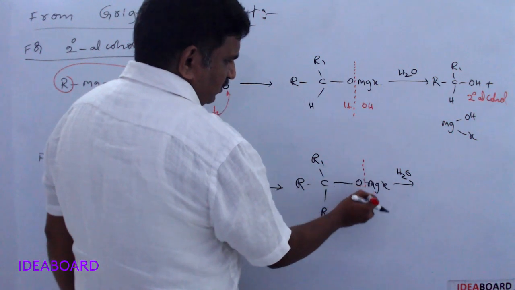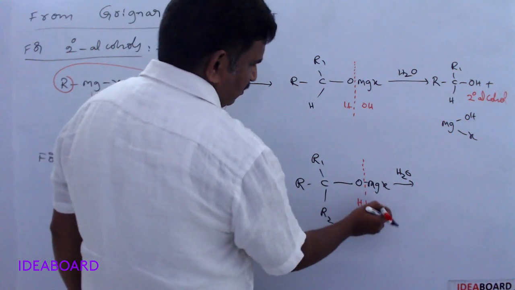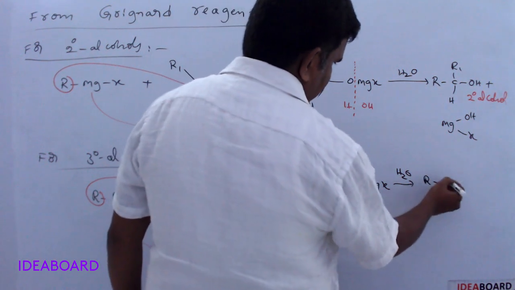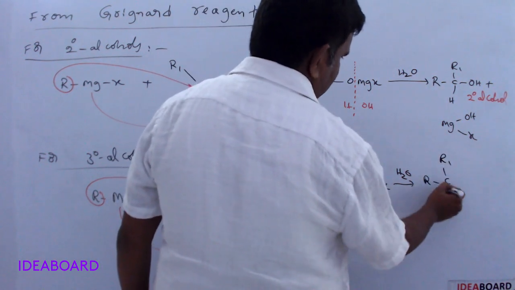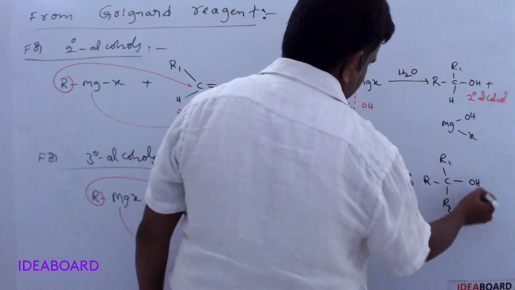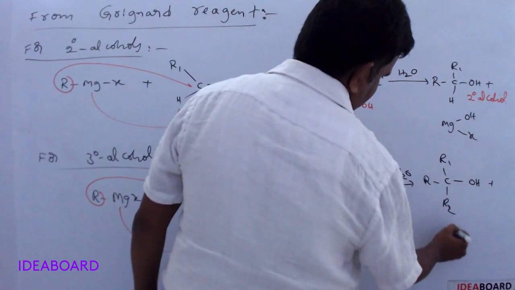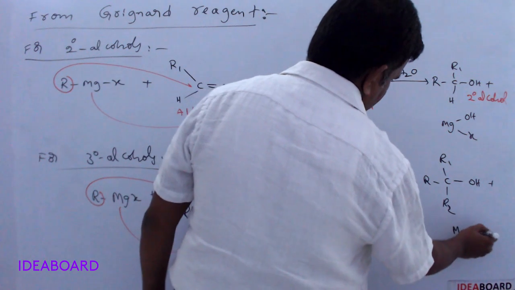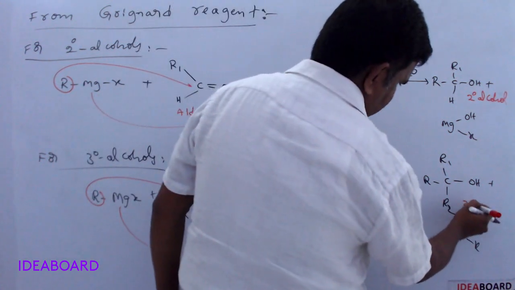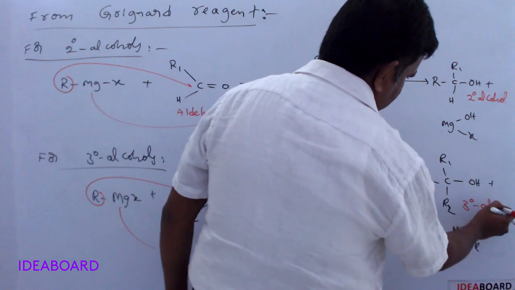By the hydrolysis, here H and here OH and then it is giving RC, R dash, R dash, R2 and OH plus MgOHX. This is a tertiary alcohol because three alkyl groups are bonded onto this.